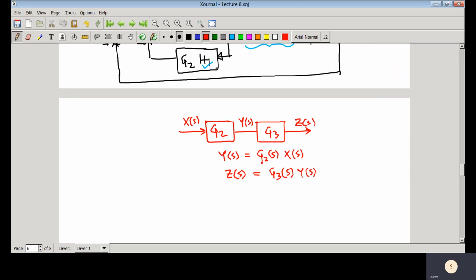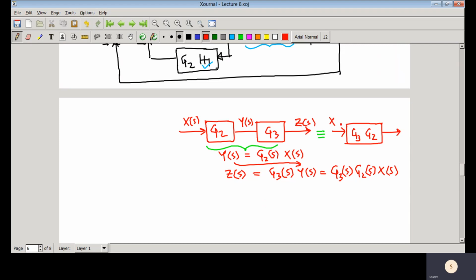If you replace this YS here, then what will you get? That is G3S into G2S into XS. So whenever two systems are cascaded like this, we can represent it as G3 into G2, that is the equivalent one.